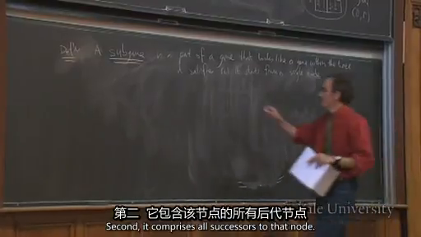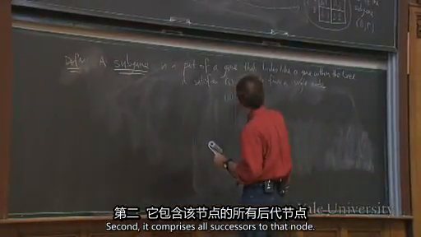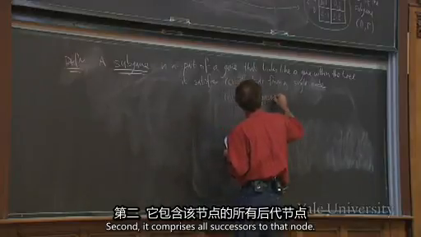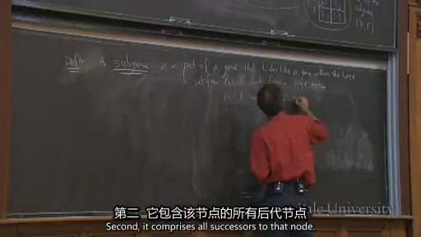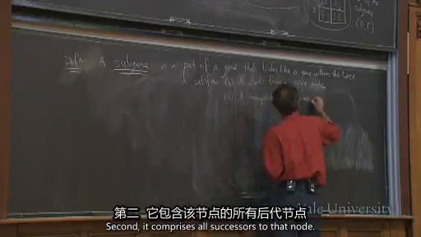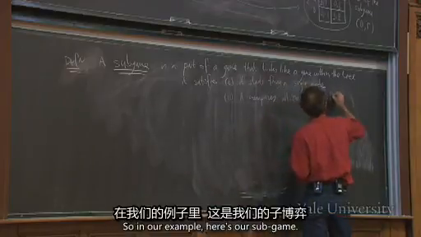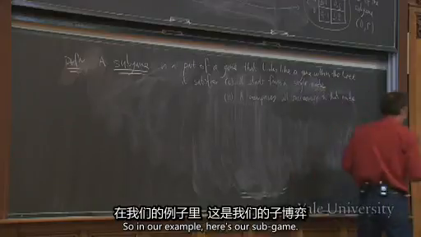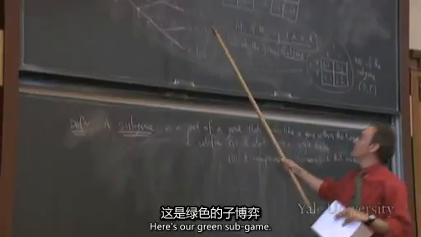Second, it comprises all successors to that node. So in our example, here's our green subgame.